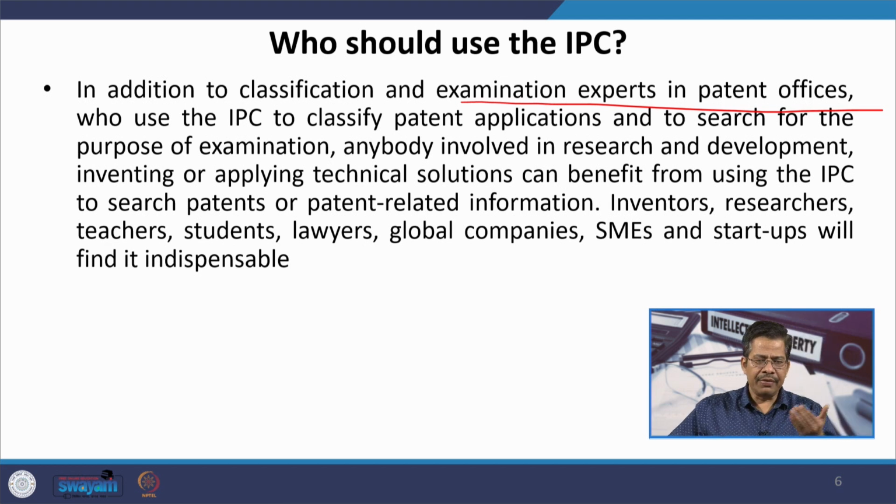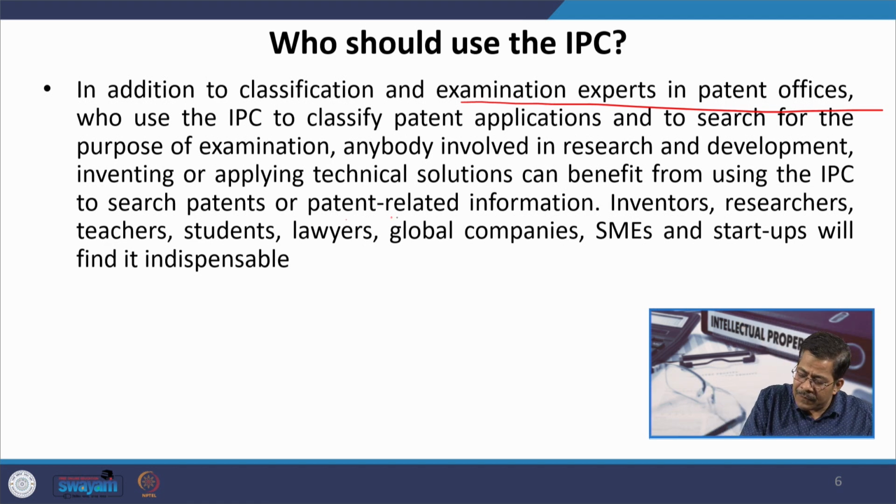Because if you are working in the field of electrical engineering, and the examiner has expertise in the agricultural field, that examiner will not be able to do justice to your electrical engineering application. So, this understanding of the domain of expertise of the examiner and the domain of the application, the matchmaking happens because of this classification scheme.